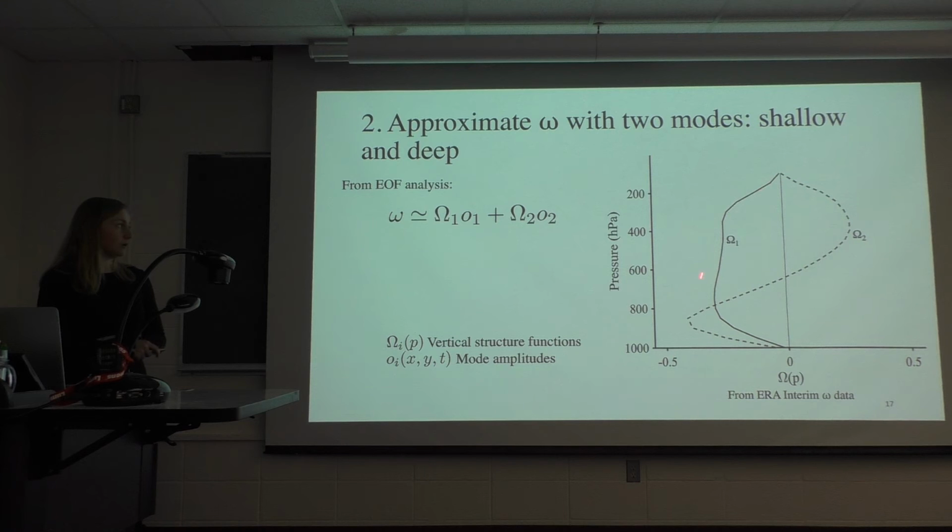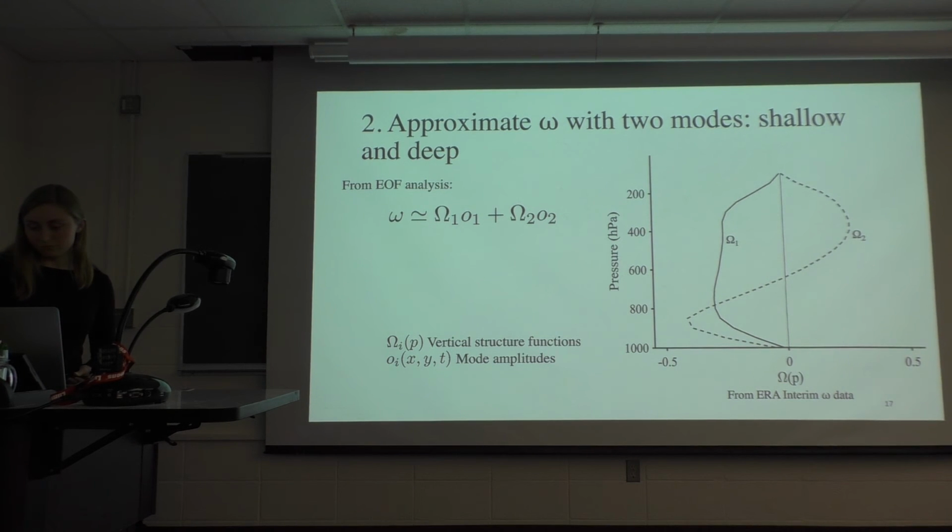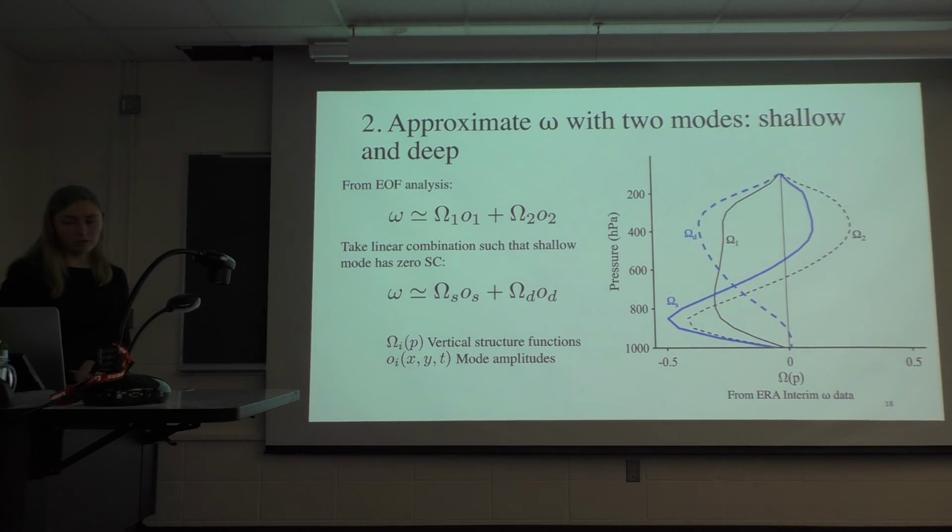The mode labeled 1 describes most of the variability, and the mode labeled 2 in the dashed line describes the second most variability. But following Back and Brotherton, we take a linear combination of those modes without losing any of the variability explained, such that one's a shallow mode and one's a deep mode. We do that by constraining the deep mode, that's the blue dashed line, to have zero surface convergence, and then we allow the shallow mode to be orthogonal to it.